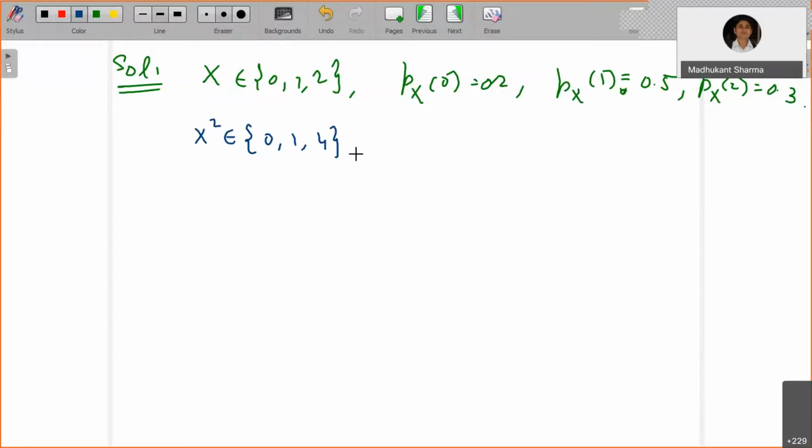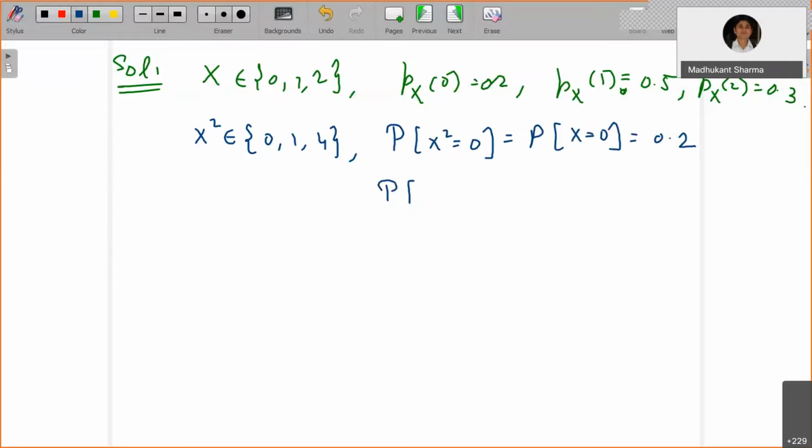Okay, so what is the probability of x square equals 0? That is only going to be the probability of x equals 0, because x square is 0 only when x is 0, right? So 0 square is 0. So it will be the same as the probability of x equals 0, that is going to be 0.2.